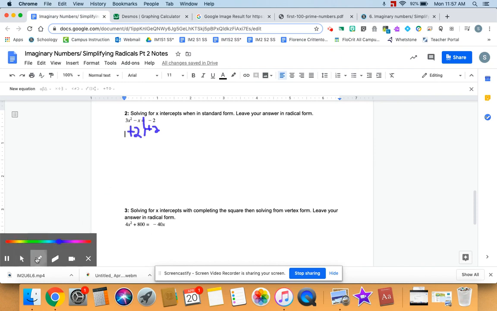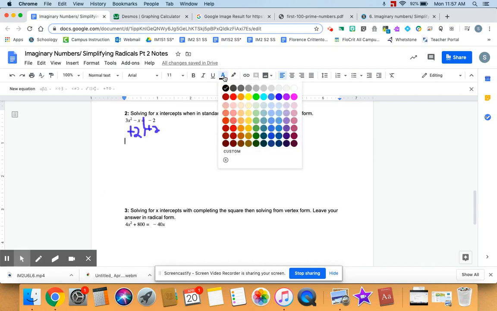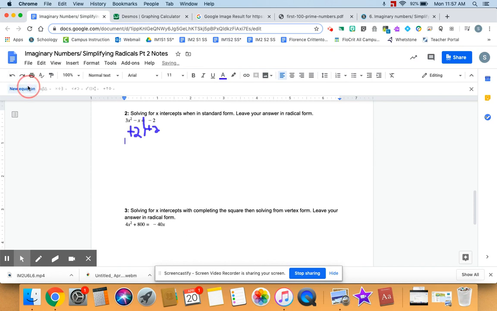So then my equation ends up being now 3x squared minus x, and then plus 2. Now it equals 0, like I need it to. So the reason why that 2 didn't go with the x or the x squared is because they're not like terms. It's the c, it's the number that's by itself. So it just gets added to the end.